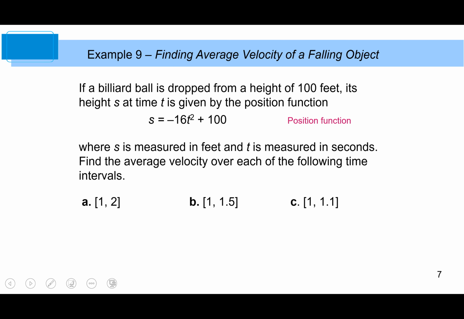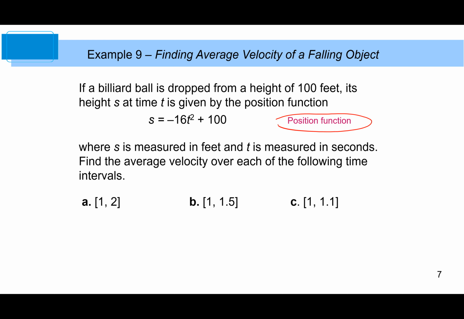Let's say a ball is dropped from a height of 100 feet. Its height s at time t is given by the position function s equals negative 16 times t squared plus 100, the typical position function, where s is measured in feet and t is measured in seconds.